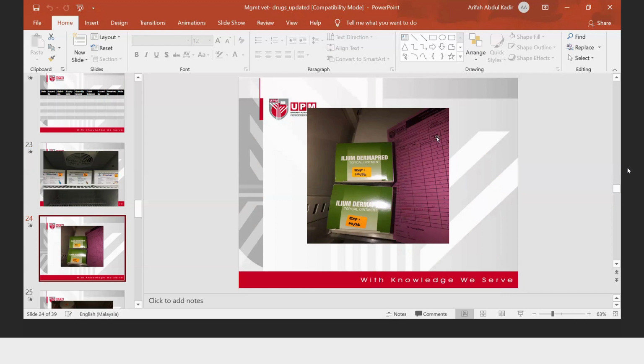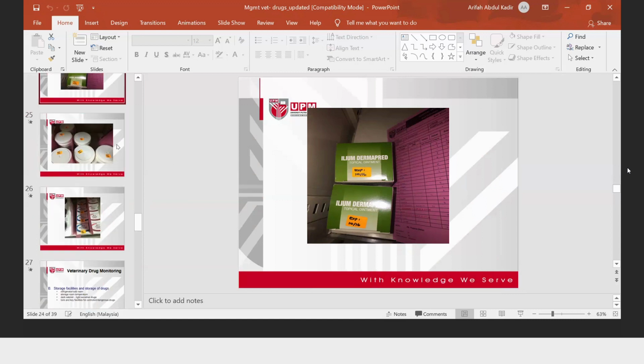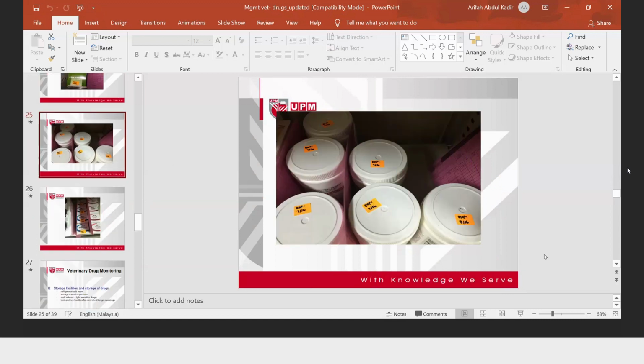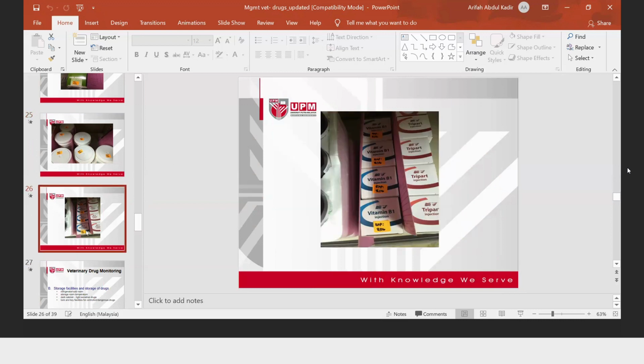It is placed beside the drugs, with the expiry date. And if the thing is in a bottle, they will just place the sticker on top. These are other examples. It's in a box, Section B1 injection.